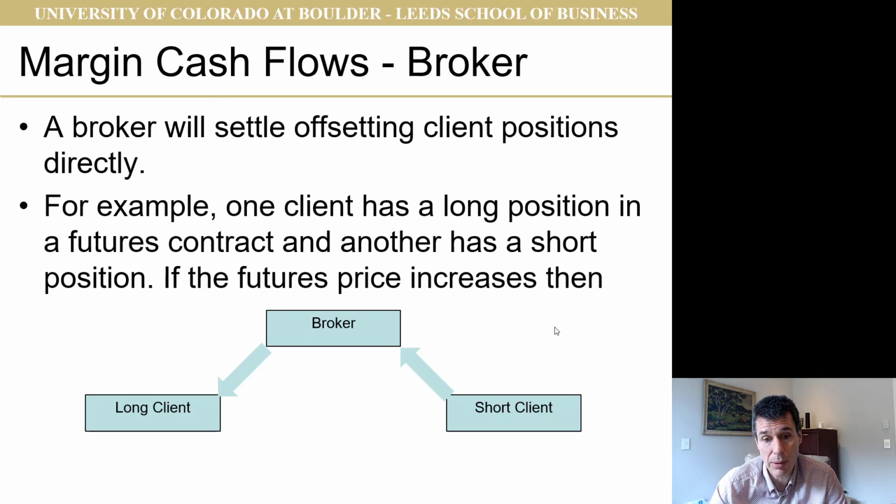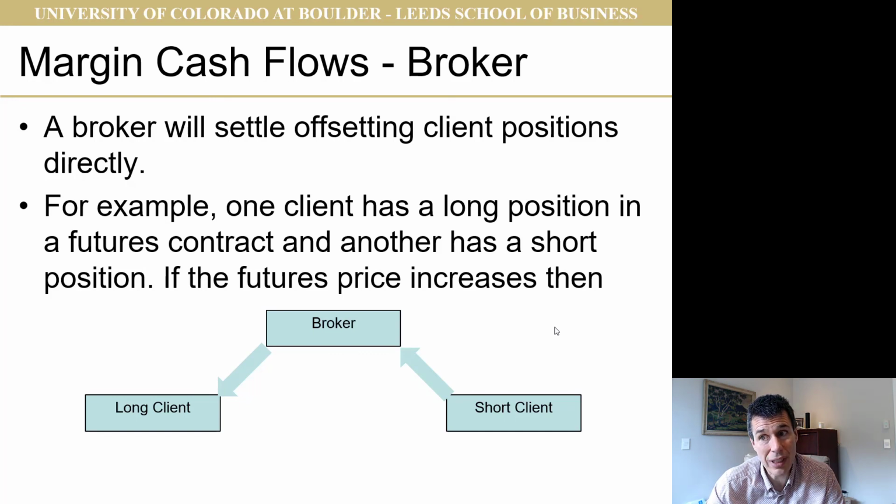So let's say this person who was short lost $25,000 and just said, forget it, I don't have any money. The broker has to step in, cover the $25,000 and give it to the person who's long. And they, of course, sue the person who's short for not satisfying their obligations. So they will go back and try to recover that $25,000. But in the first instance, the broker covers.